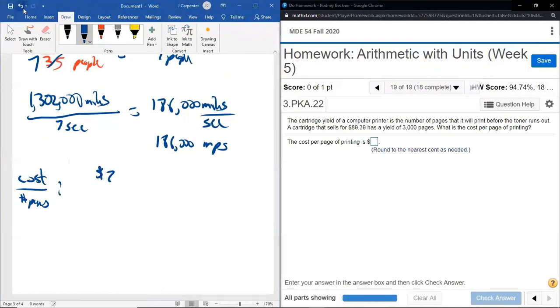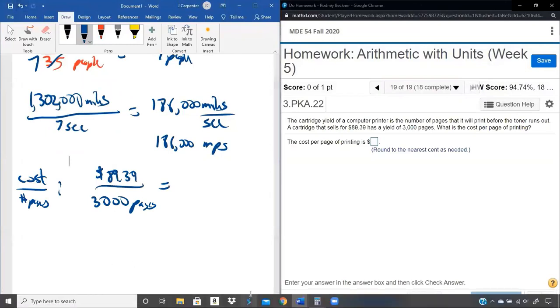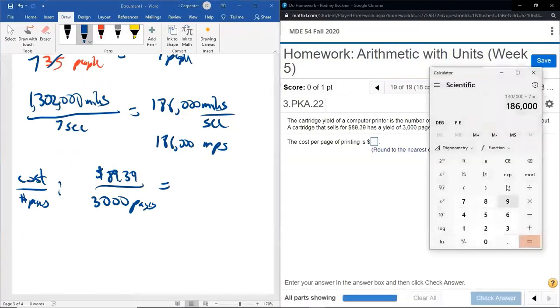So our cost was the $89.39. The number of pages was the 3,000. We're using our words. We'll do our division with our handy dandy calculator. 89.39 divided by 3,000. Boom.